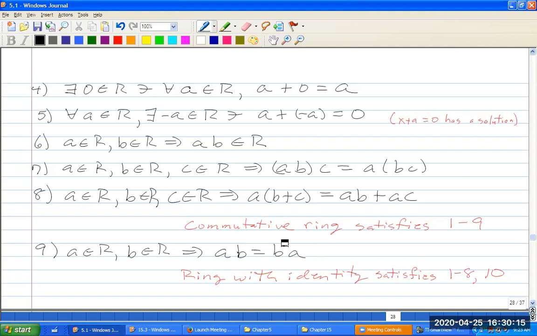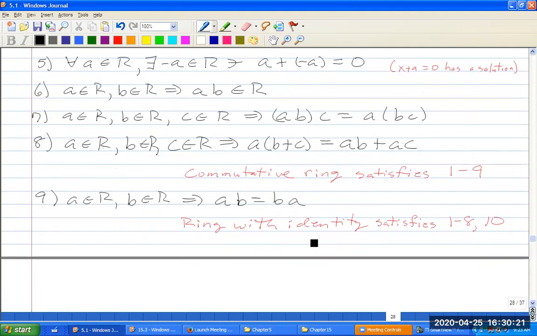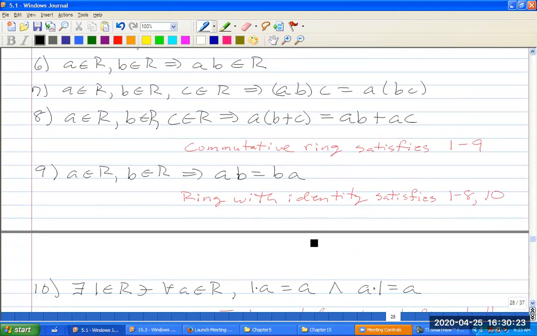And so if multiplication commutes, we call it a commutative ring. If there is a multiplicative identity, then we say that this is a ring with identity.